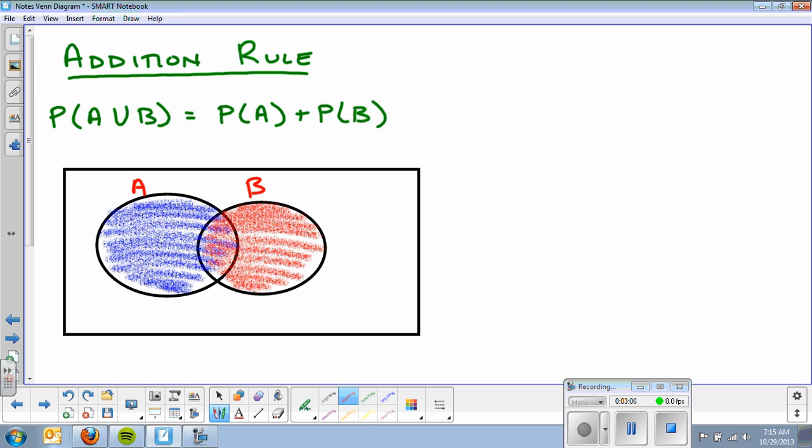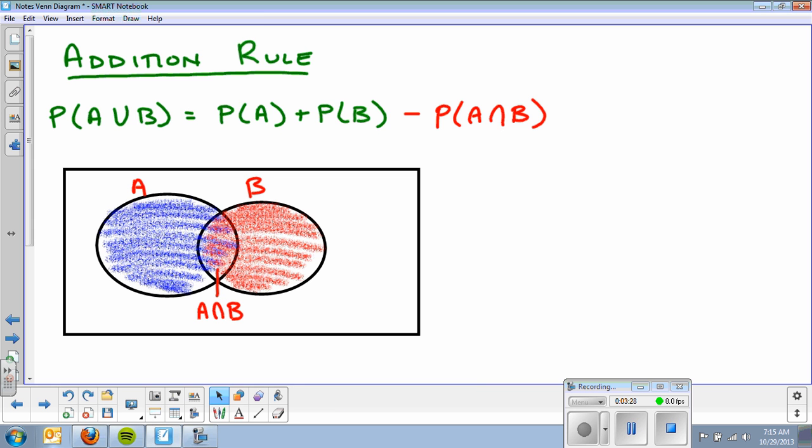That little section in the middle was accounted for twice, once in the blue part A and once in the blue part B. So this intersection here, A and B, is actually added twice. So in order for this formula to work, I've got to subtract the probability of A and B.